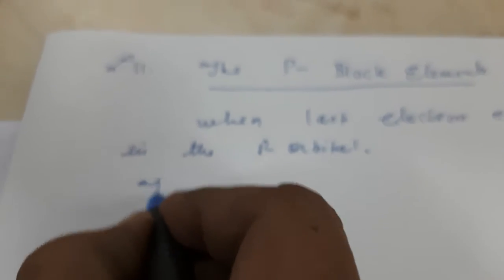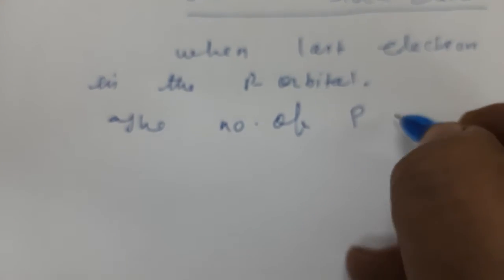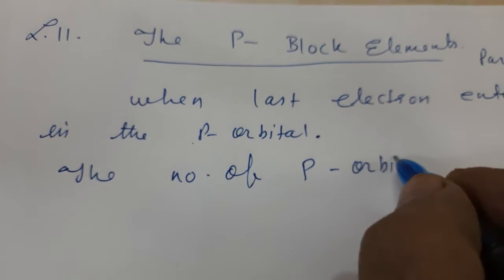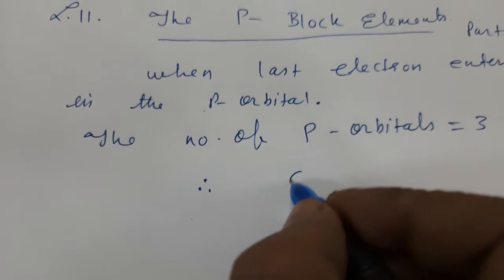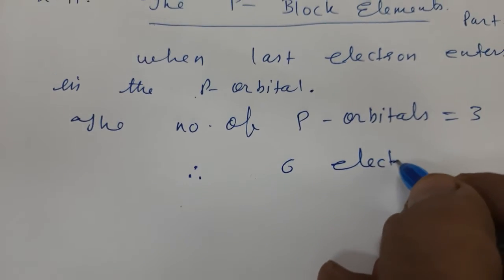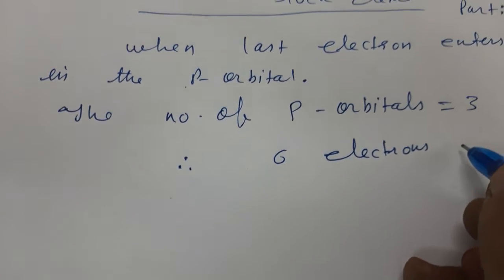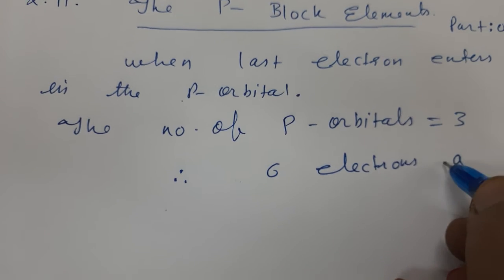The number of p orbitals is equal to 3. Therefore, 6 electrons can be accommodated.